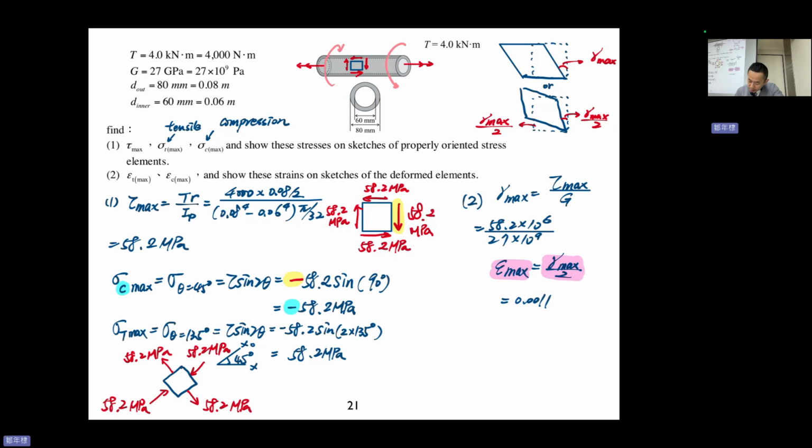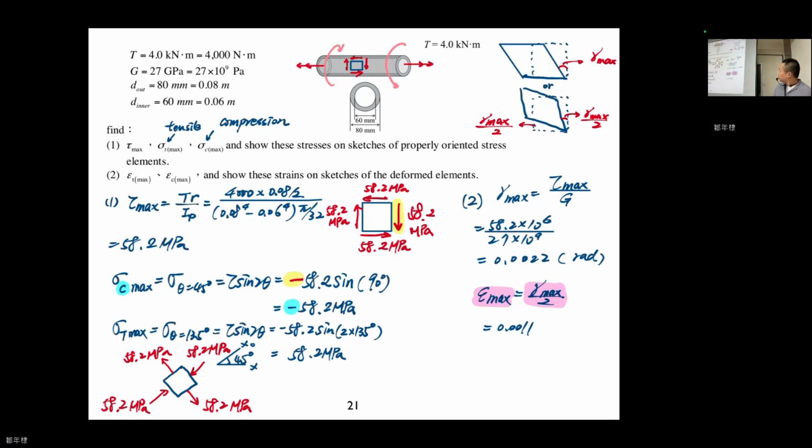And then equal to 0.0022, which is in radian. Okay, so in radian. So your gamma max divided by 2 becomes 0.001. Okay, so now you are ready to draw the deformed element.